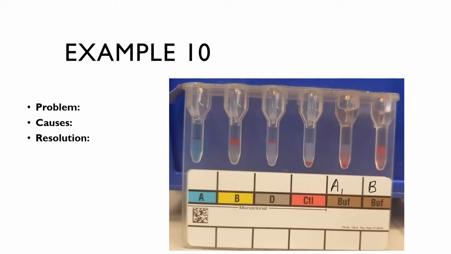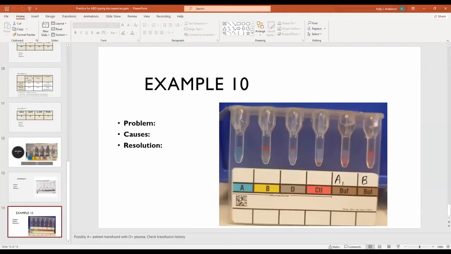Yes. So you do your regular reverse with 2 drops of your plasma with the reagent cells, and you see what you think is Rouleaux. Then you're going to spin it down again.